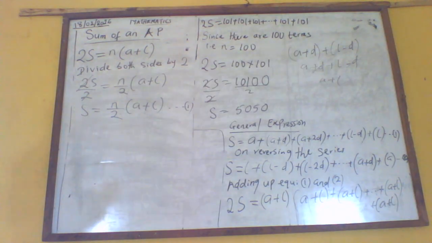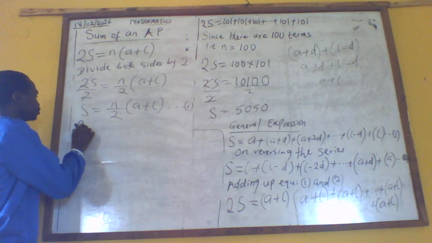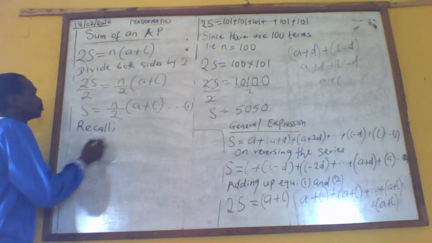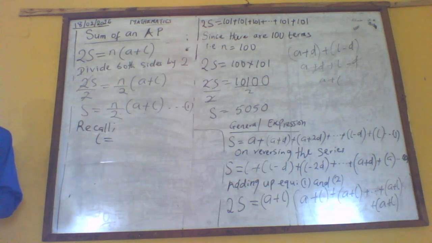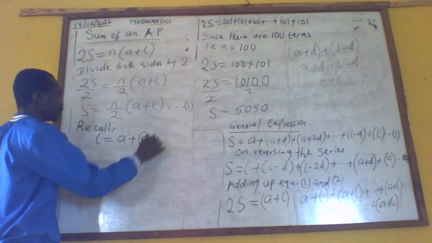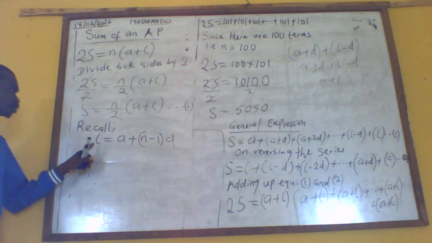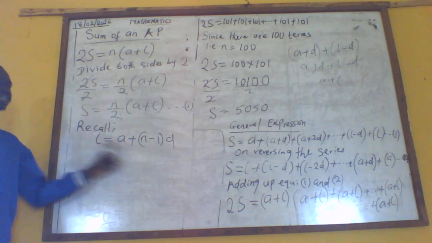Right? Now, recall that you are given that the last term, which is our nth term, is also given as what? A plus N minus 1D. So I can substitute for L. Do you get it now? I can replace this L here.